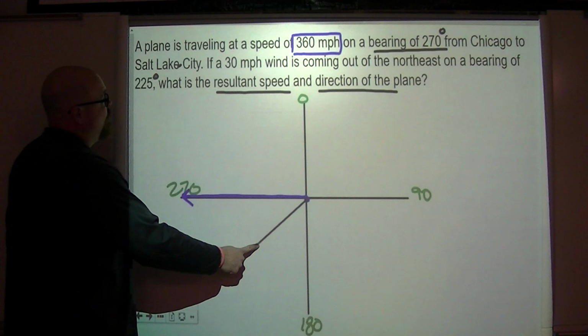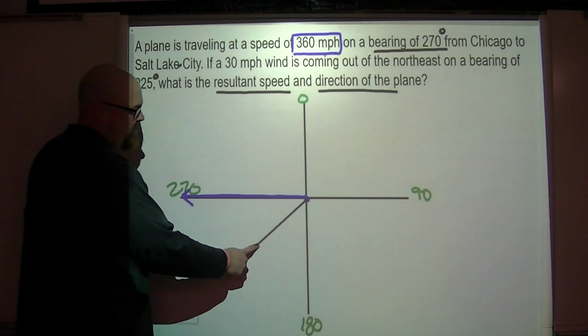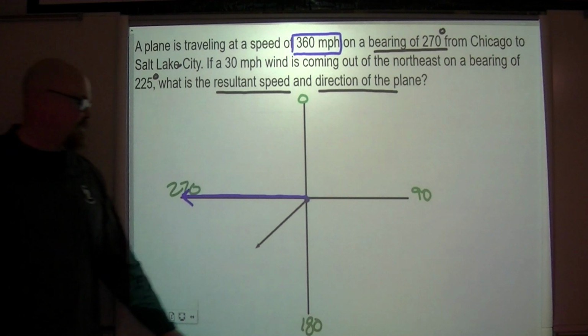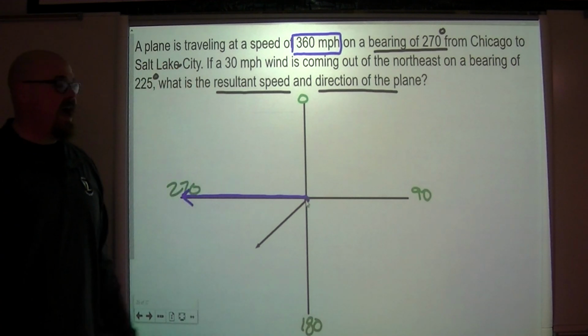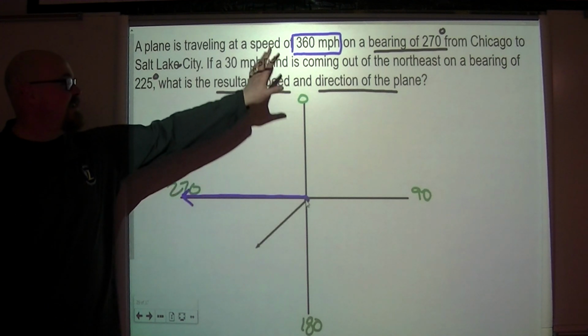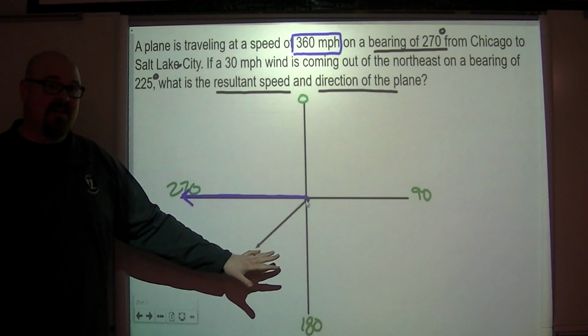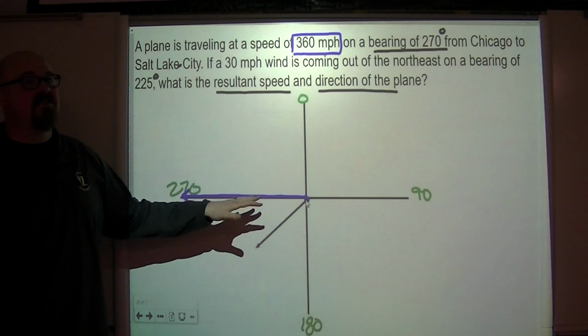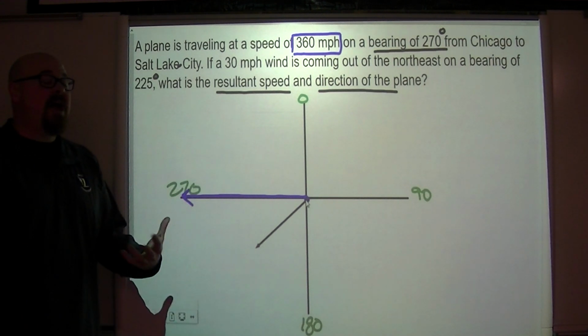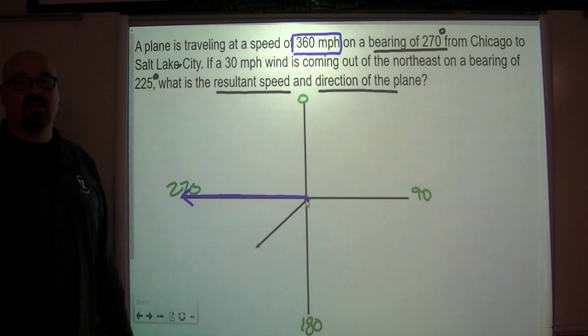Now this wind is only 30 miles per hour, so if I draw this thing like that, just for the sake of all of the discussions we've had about magnitude representing the length, and in this case speed representing the length, the longer the vector, the faster the speed. Does this even make sense? If I want a semi-accurate drawing, this doesn't make any sense.